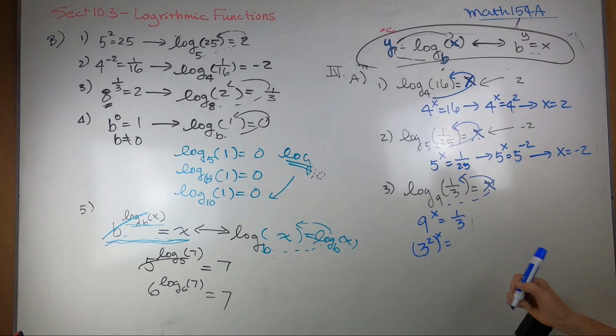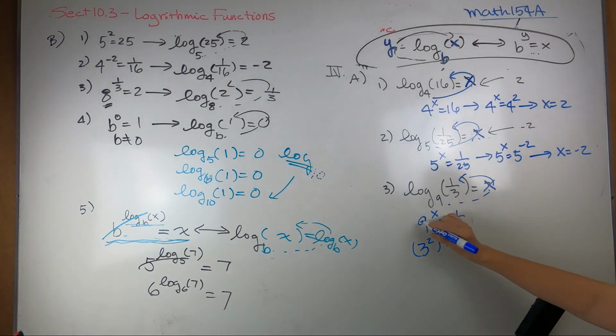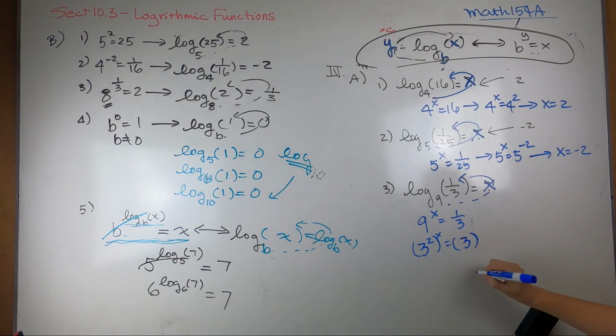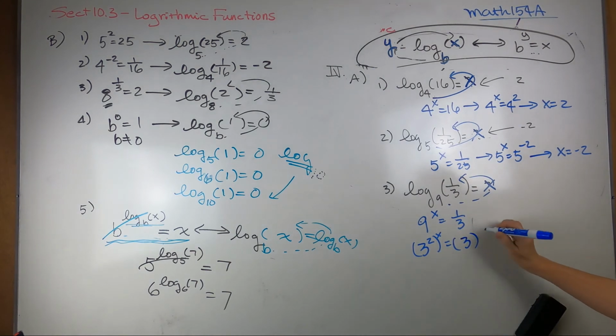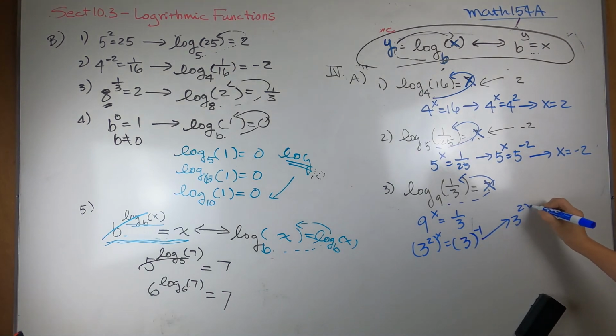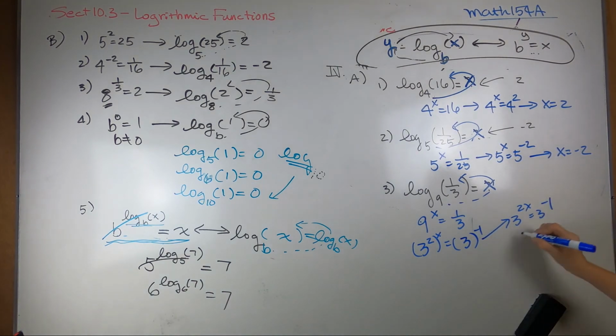How about 1/3? Don't use 1/3 as base. Use the whole number if you can. Instead of using 1/3, it's hard to maneuver for the 9. So you use 3. So what's the 3 to the power that gives 1/3? Reciprocal, right? So what do we have? 3 to the 2x equals 3 to the -1.